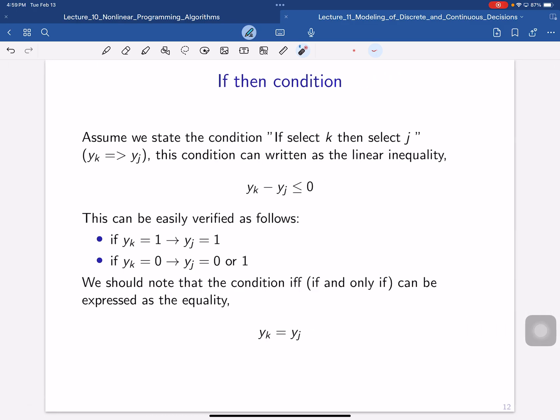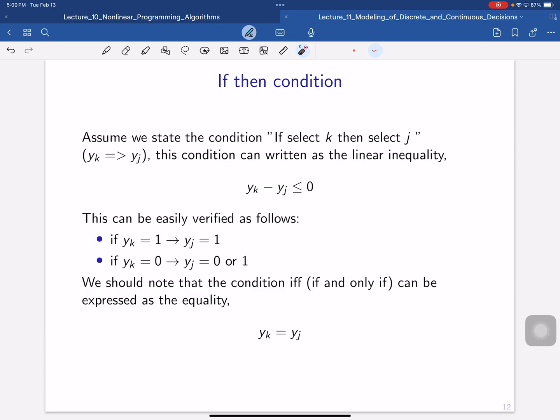In some instances, you may want to represent an if-then condition. Let's assume you want to express a condition: if we select k, then we are going to select j as well. This is like an implication condition, yk implies yj. How do we express that?